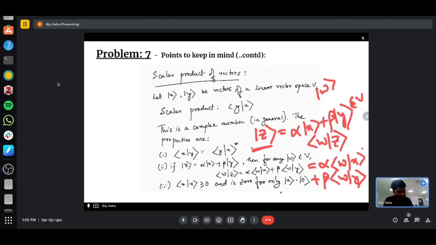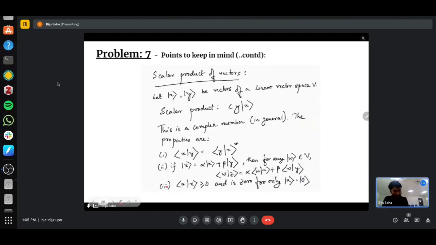If this condition is satisfied, then the definition of the scalar product we have is legitimate. That is the distributive law, and the other thing is the positivity condition. Positivity means the inner product of a vector with itself has to be positive, except when the vector itself is 0, at which point it will be 0. That is the positivity criterion.